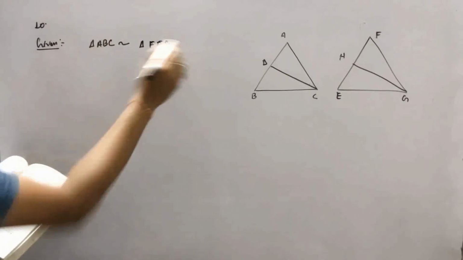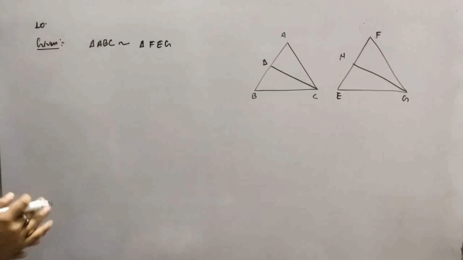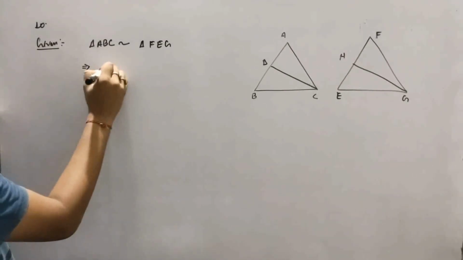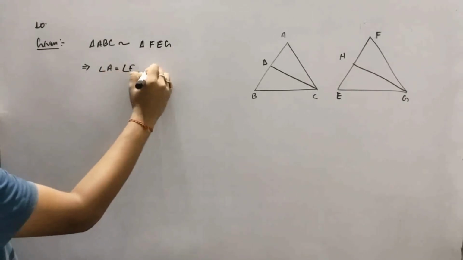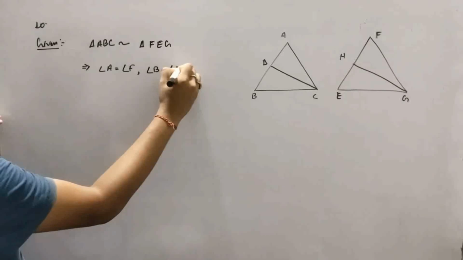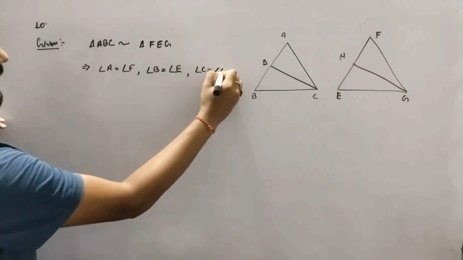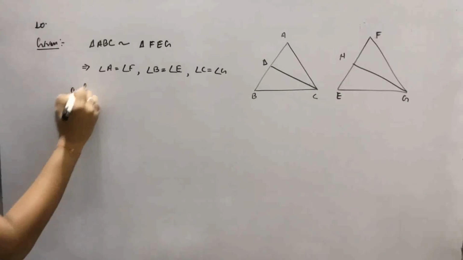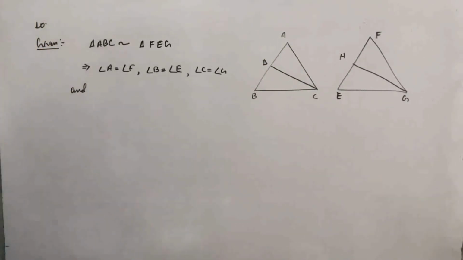At first, if triangle ABC is similar to triangle FEG, so from here, what conclusion can we write? That which implies angle A will be equal to angle F. From here I can say angle B will be equal to angle E. And angle C will be equal to angle G. From here I can tell this one, right? Done? Okay. And what is given? CD is the bisector of angle ACB, right?